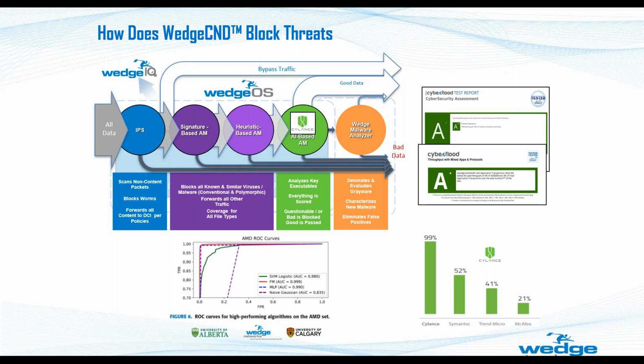Additionally, the AI engine, you can see it in the bottom right corner, used by Wedge, achieved a malicious code detection rate of 99%, surpassing other industry engines. So it's a much more efficient and effective engine.